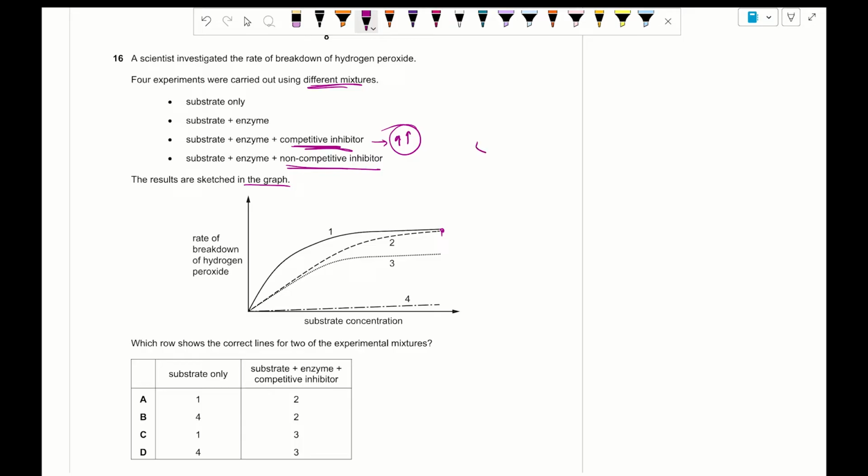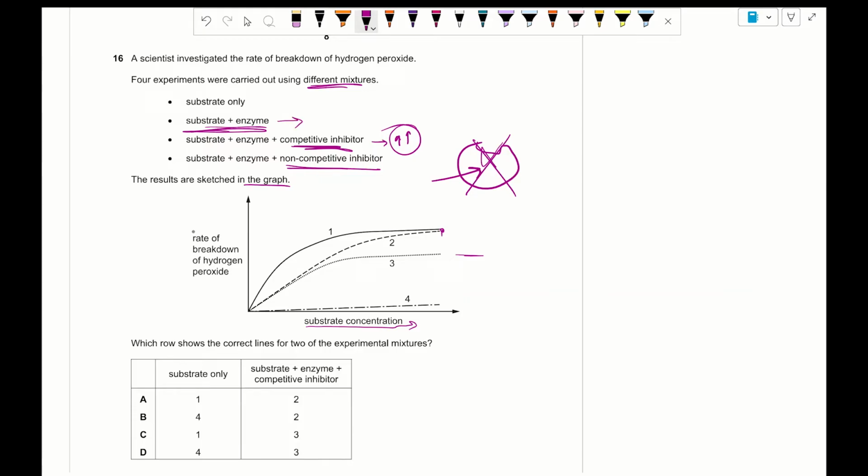By an allosteric site of the enzyme, I mean a site other than the active site, completely distorting the shape of the enzyme. Therefore, no matter how much you increase the substrate concentration, the shape of the active site is completely altered, so the rate would stay constant and will not increase any further. And obviously, substrate plus enzyme only without an inhibitor would be the highest rate of breakdown.